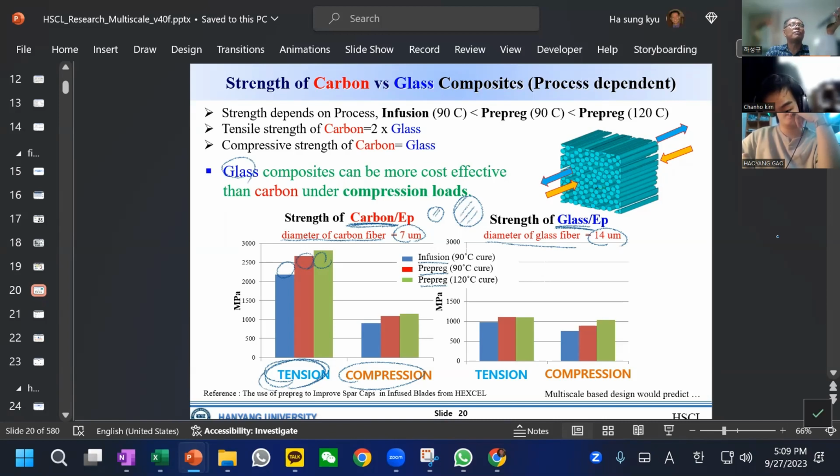Even for one carbon fiber, the material property, I mean, this is a carbon epoxy, resin is already there, okay? Depending on the curing process, the material property can be different, but not much. Within plus or minus 10 or 20%, you can see that this is the average properties.